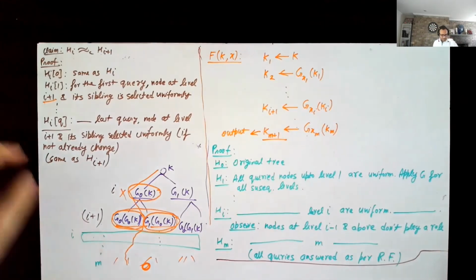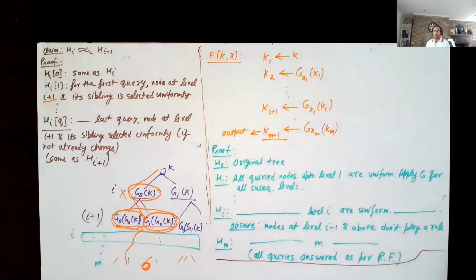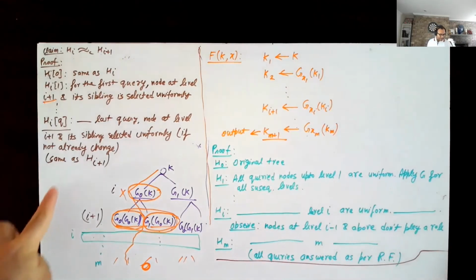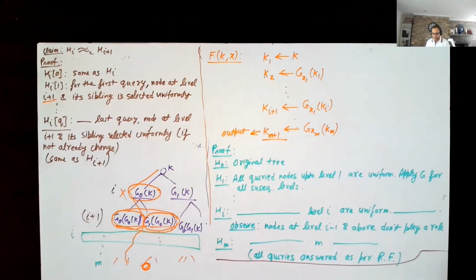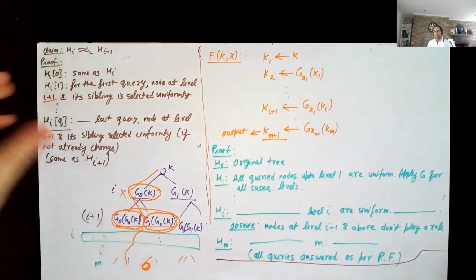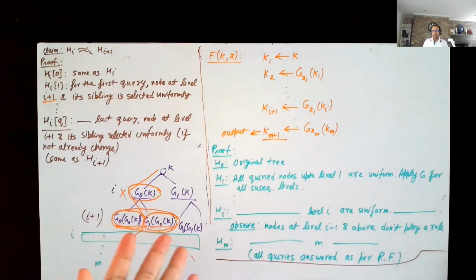And if we can show that each subsequent hybrid is computationally indistinguishable, then basically H_i and H_i plus 1 are also computationally indistinguishable. And if you compare any two subsequent hybrids here, you can immediately use the security of PRG now.